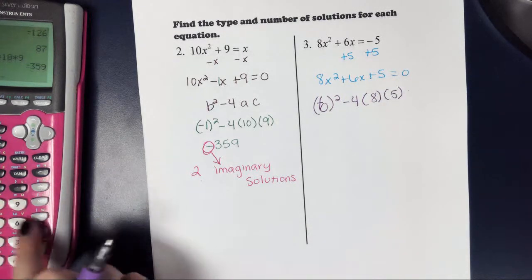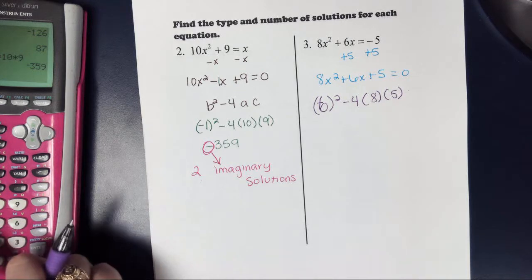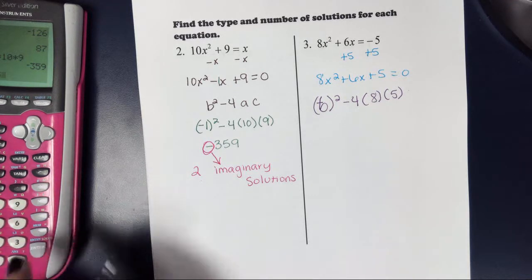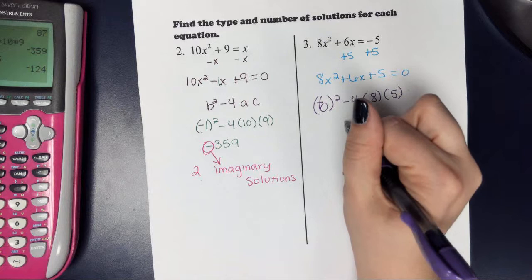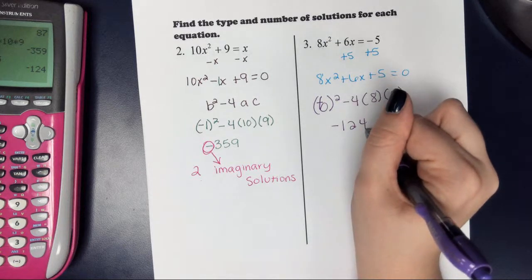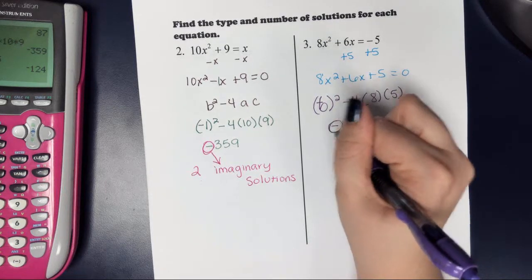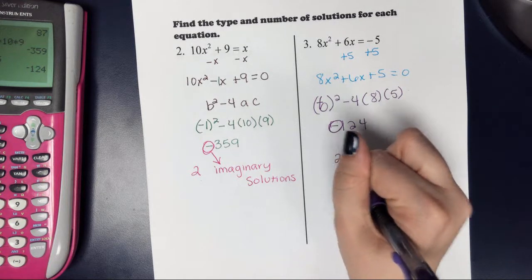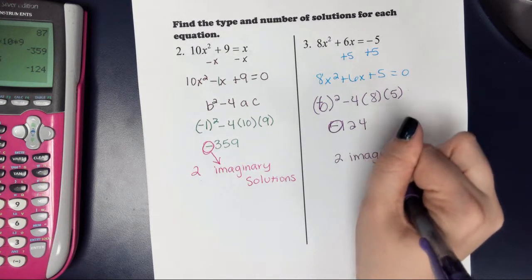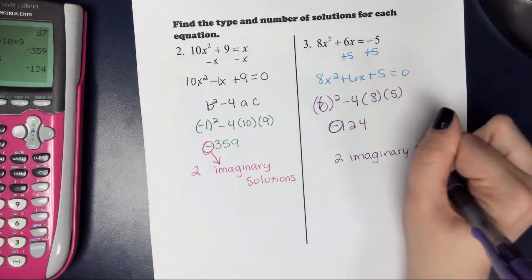So 6 squared, again, don't forget those parentheses, minus 4 times 8 times 5, hit enter, and you're going to get negative 124. Again, it's negative, so that means I've got 2 imaginary solutions.